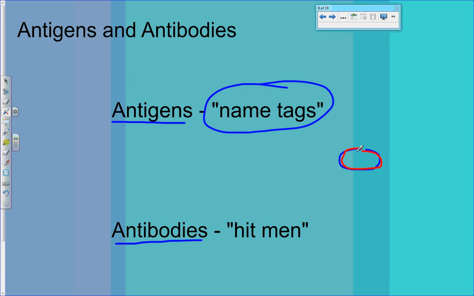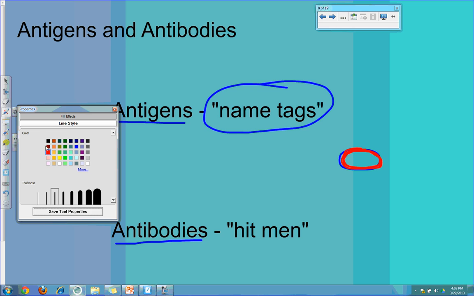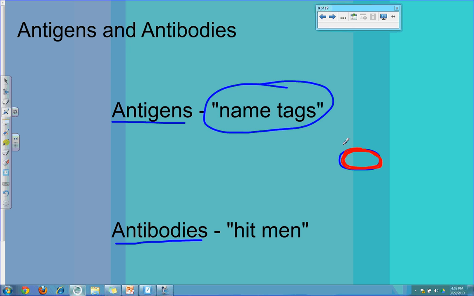So, if it's type A, it's going to have A antigens on its blood that tell its body, hey, I'm an A blood cell. Now, each person only has one type. So, if you're type A, all your red blood cells will have A on them. Antibodies are like hitmen. So their job is to take out specific cells.